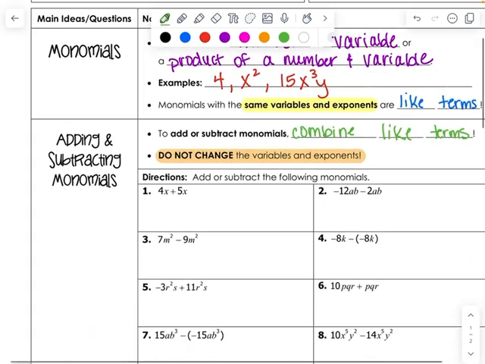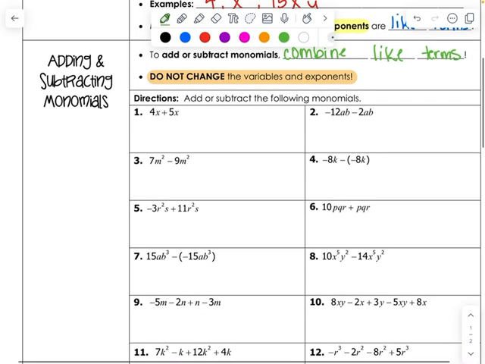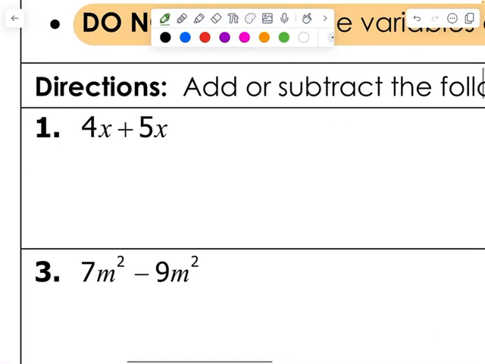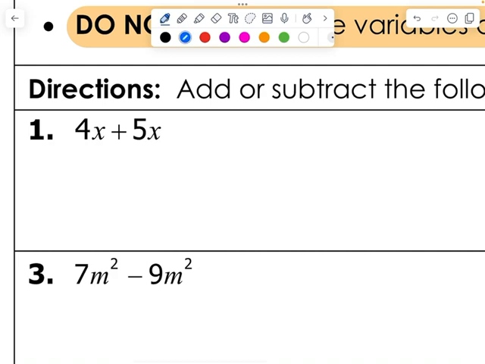So let's go ahead and look at number 1. Notice number 1, we have 4x, so I'm going to put a box around it. Do you notice that 5x is the same variable?